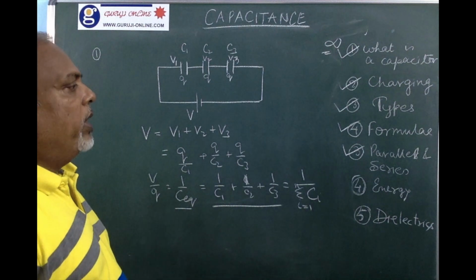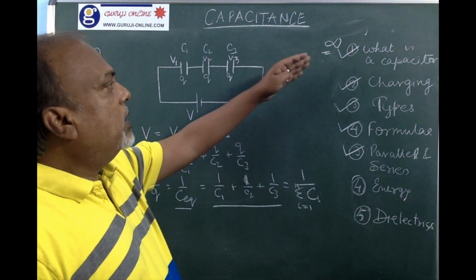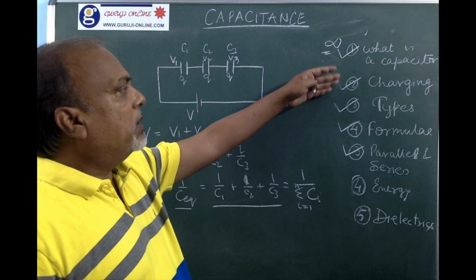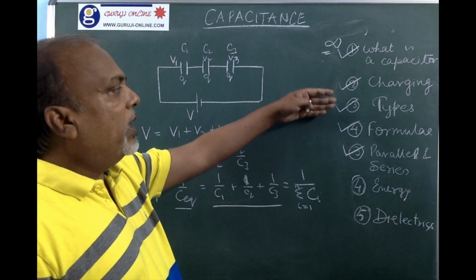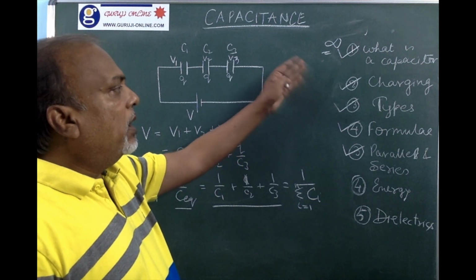So in this chapter we have covered what a capacitor is, how we can charge capacitors, what types of capacitors there are, and we have seen different types of capacitors.